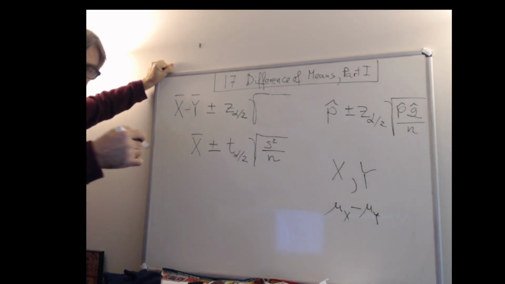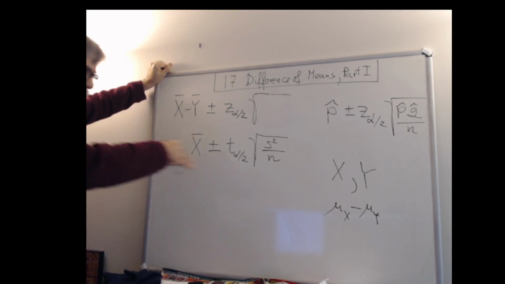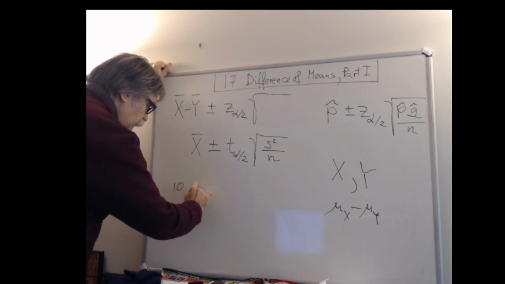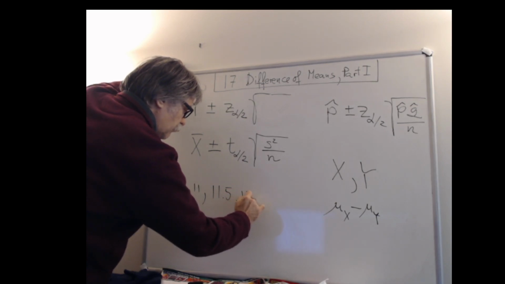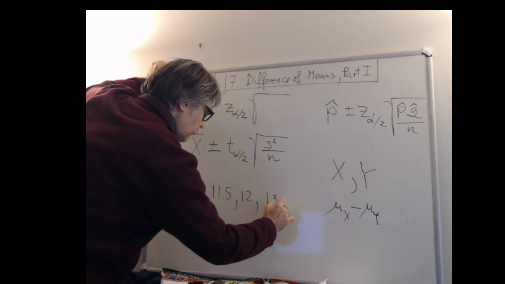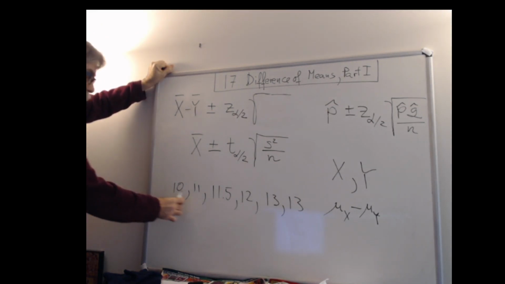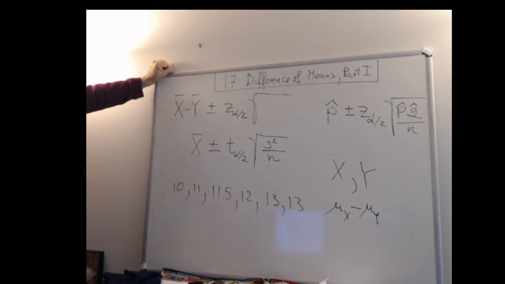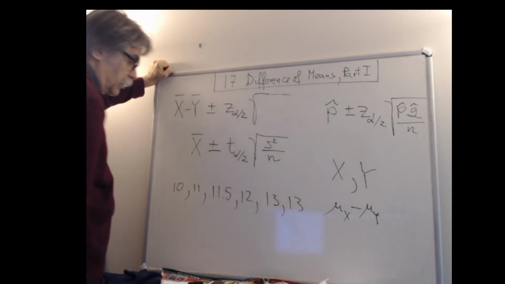Supposedly you have the shoe sizes of a bunch of males. So I have 1, 2, 3, 4, 5, 6 males, and those are their shoe sizes. Some guy has 10 inches, 11 inches, 11 and a half inches, 12 inches, 13 inches, 13 inches.